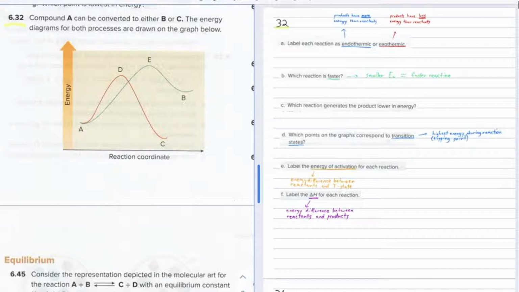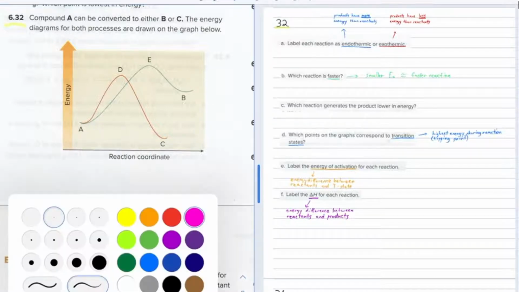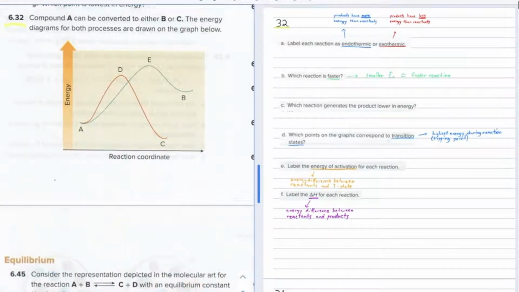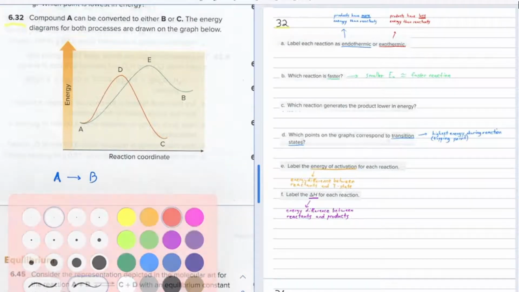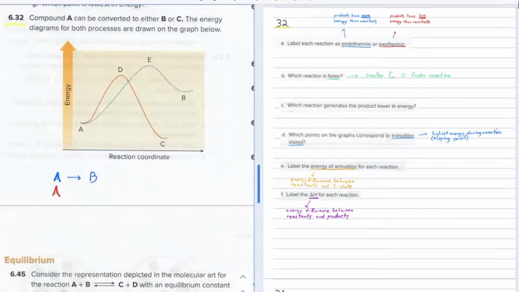The blue curve is A goes to B, and the red curve is A goes to C. So two possible chemical reactions.